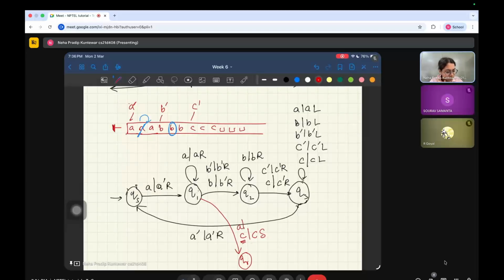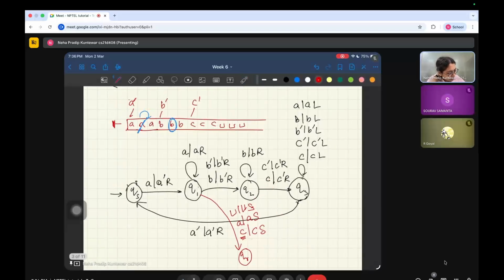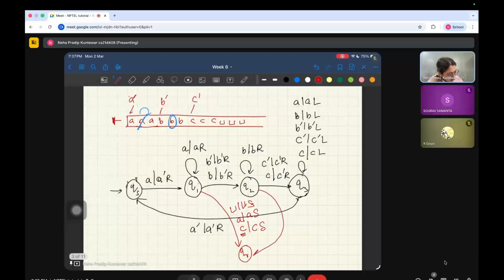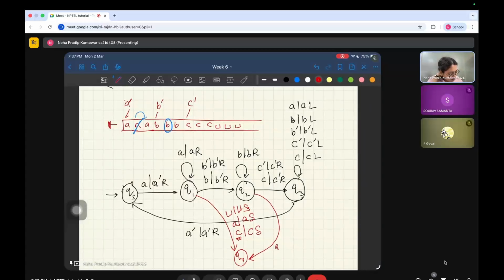If you see an A at this point, you write the same thing and reject. Similarly, if you see instead of a C, anything else, then you should go and reject it. If you see an A, if you see a B.